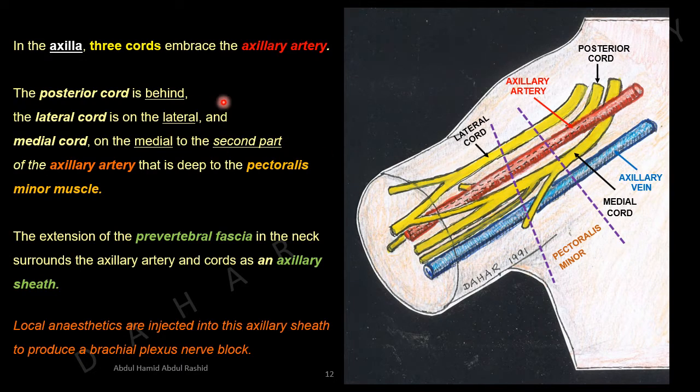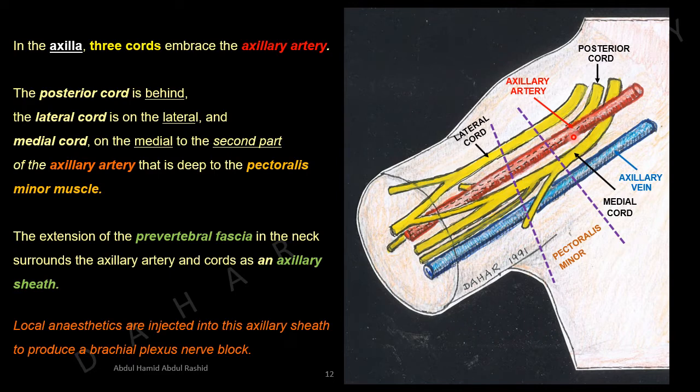Here the posterior cord is behind, the lateral cord is on the lateral, and the medial cord is on the medial side of the second part of the axillary artery, that is deep to the pectoralis minor muscle.